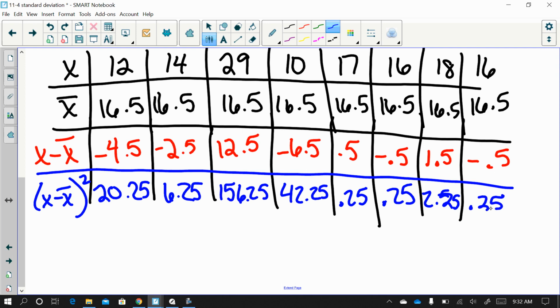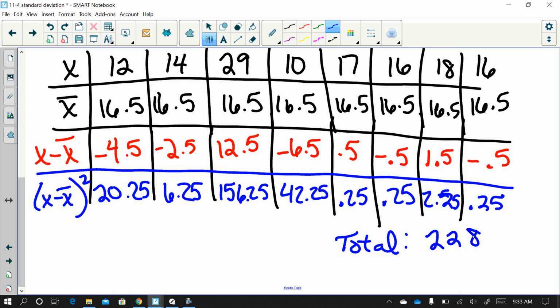Okay, and then we need to find the total. Okay, so add up all the blue. 20.25 plus 6.25 plus 156.25, 42.25 plus 0.25 plus 0.25 plus 2.25 plus 0.25. Big total, 228. Whew.